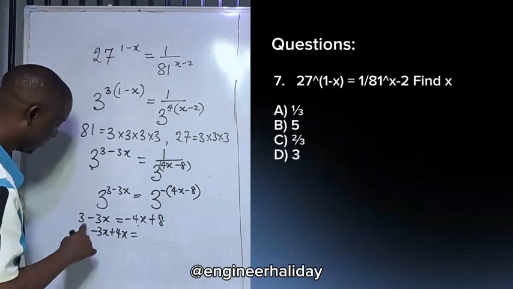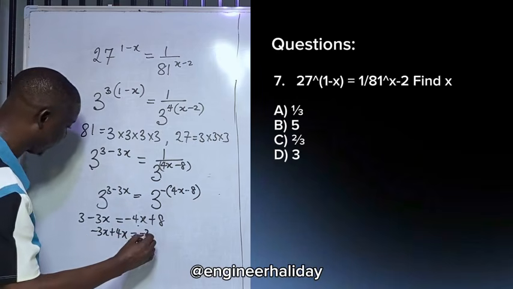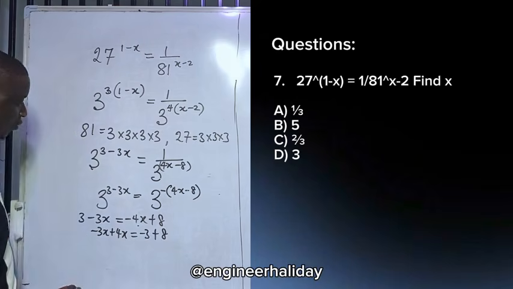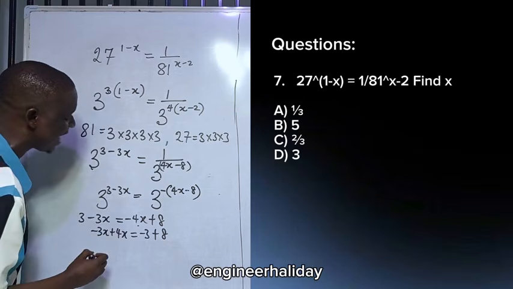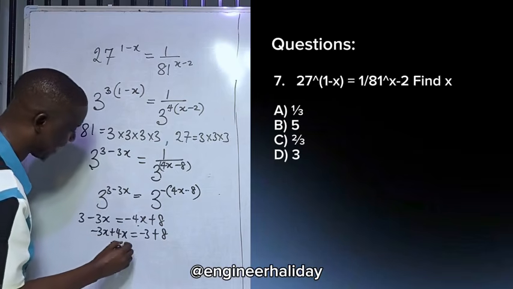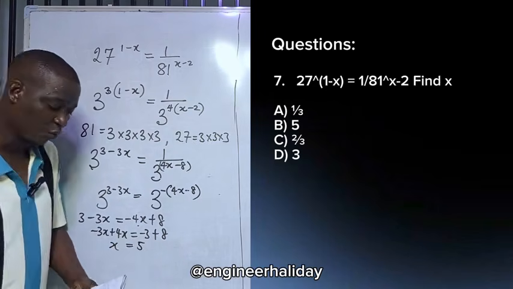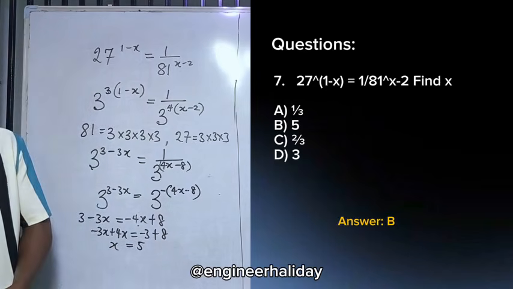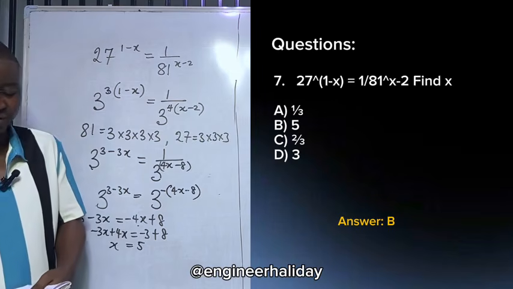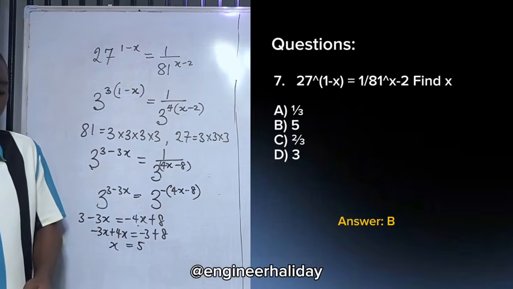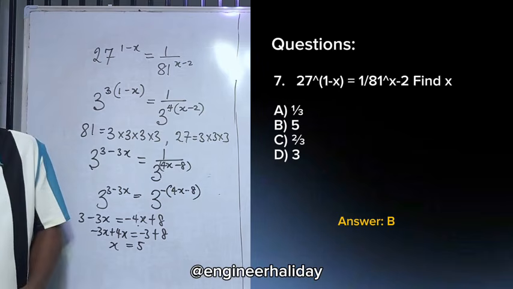Let this one move here, it becomes minus 3 plus 8. So what do we have? Minus 3x plus 4x gives us x. Minus 3 plus 8 gives us 5. So we have option A as 1 over 3, B says 5, C says 2 over 3, D says 3. So the answer is B, which is 5.